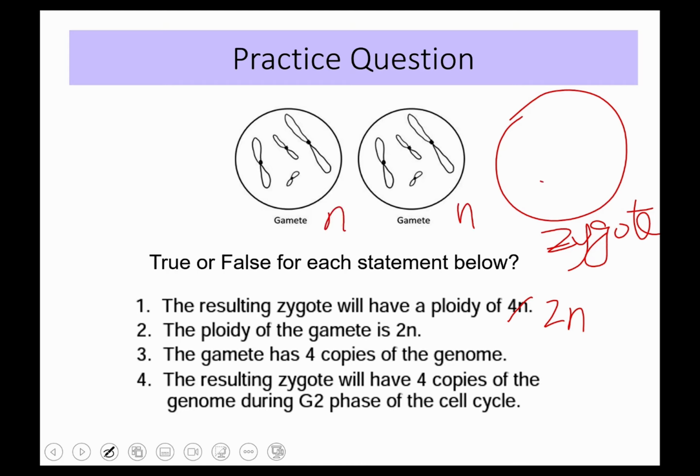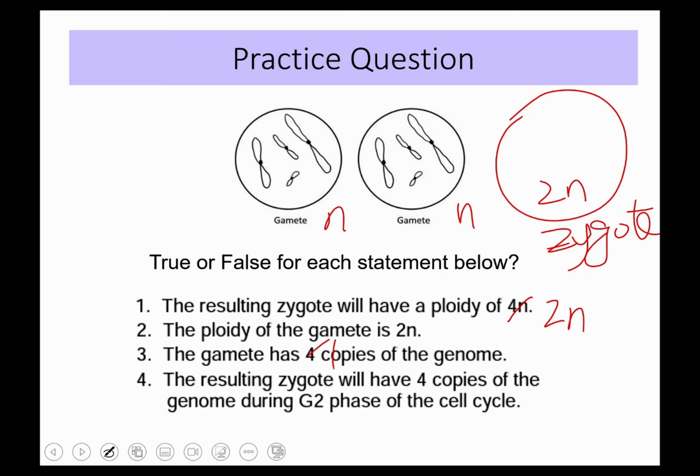The n come together to make 2n. The gamete has 4 copies of the genome. No, it has 1 copy of the genome. Count all the unique ones, that's 1 copy, okay? It has 1 copy of the genome. This is a 2-step, number 4. The resulting zygote will have 4 copies of the genome during the G2 phase of the cell cycle.